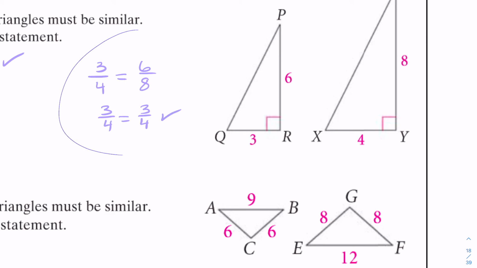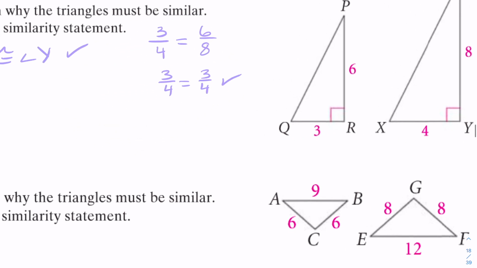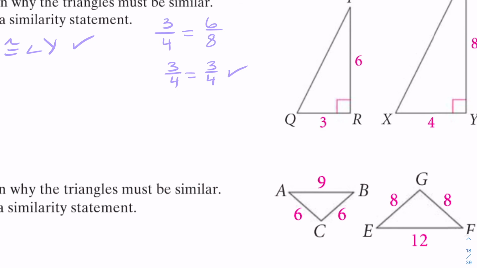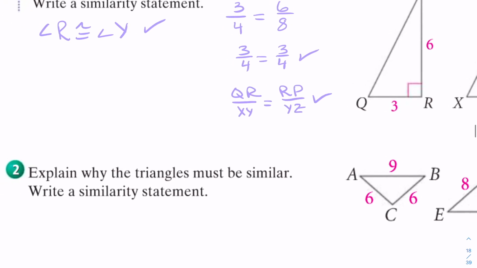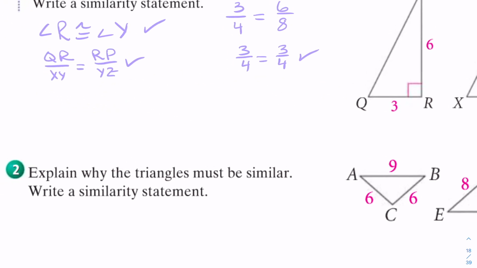So I proved that QR is to XY as RP is to YZ. So here's my two sets of proportional sides. Here are my congruent angles.